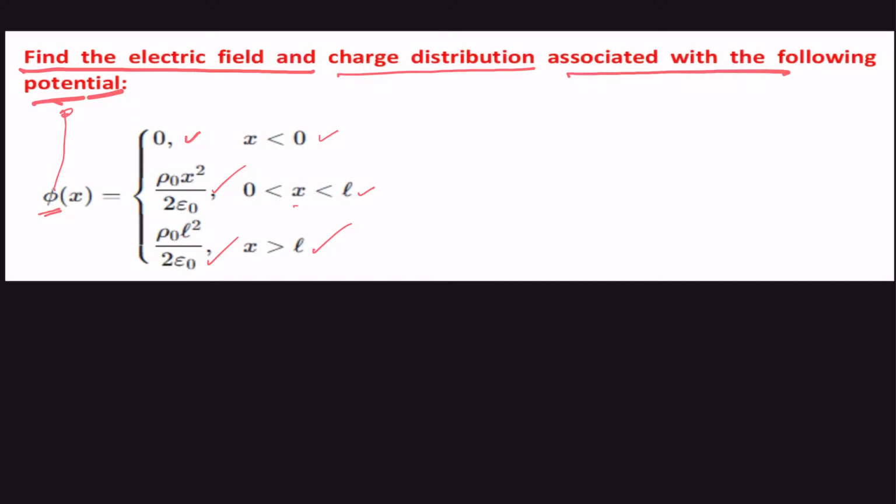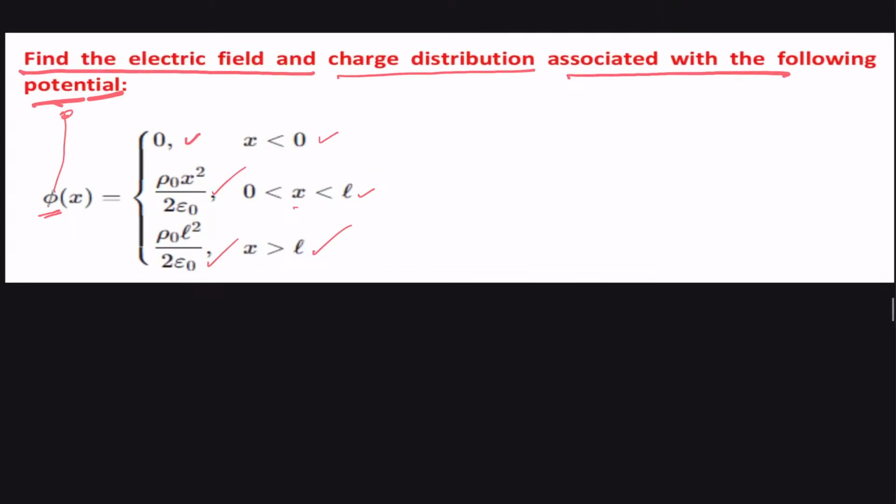So we know that our electric field is the negative derivative of our potential.